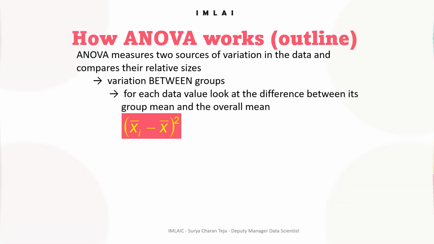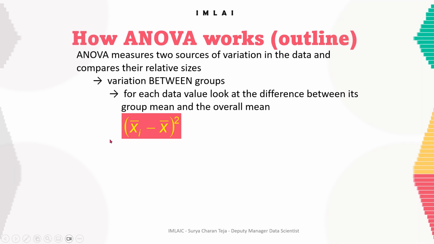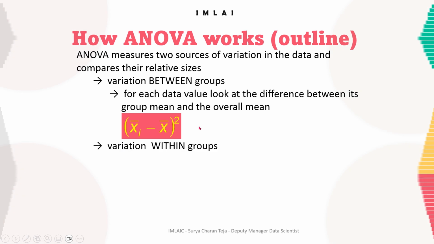We do it for each group and sum it up, and that is called the variation between the groups. So it's nothing but each group mean minus the mean of the total data set.